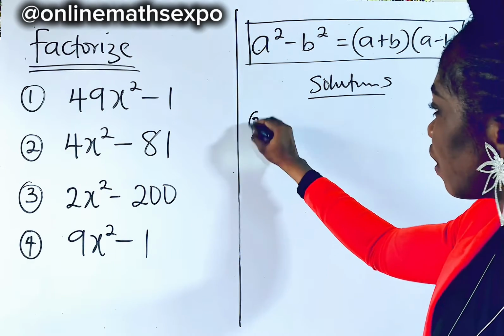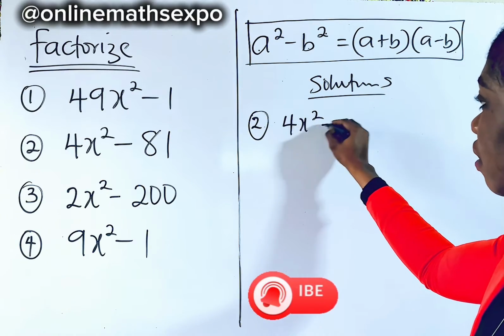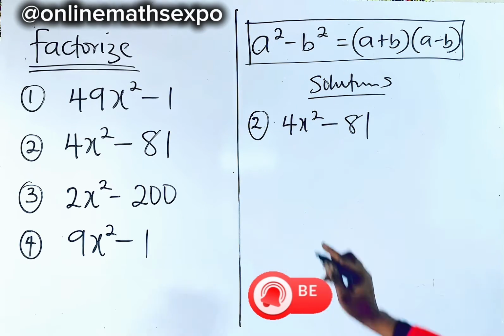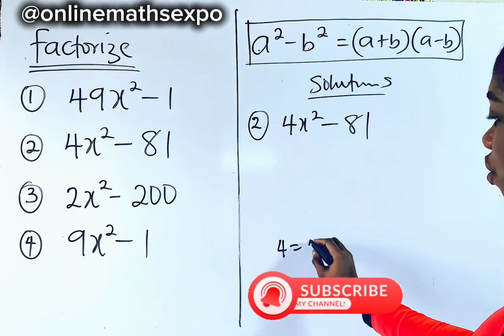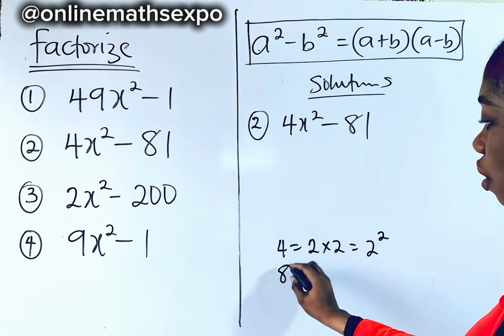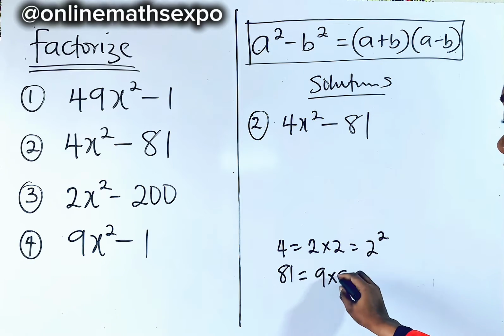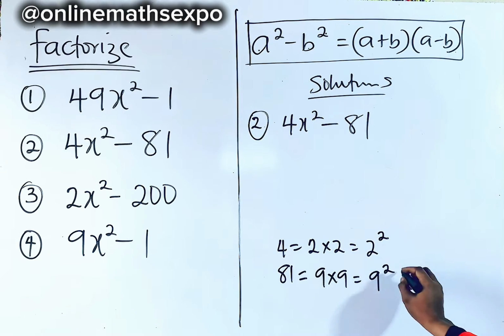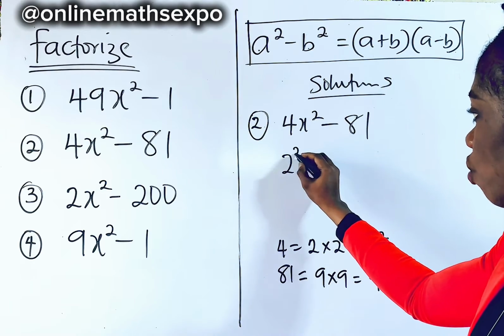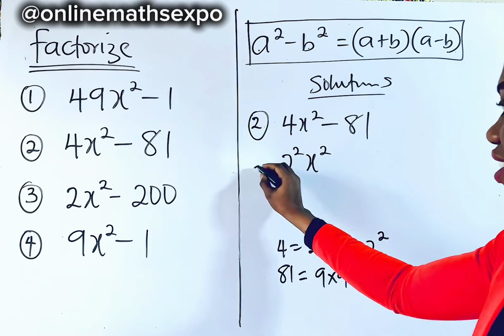For the second one, we have 4x squared minus 81. These two are perfect squares. We know that 4 is 2 times 2, which is 2 squared. And 81 is the same as 9 times 9, which is 9 squared. Okay, so this will be 2 squared x squared. Did you see?